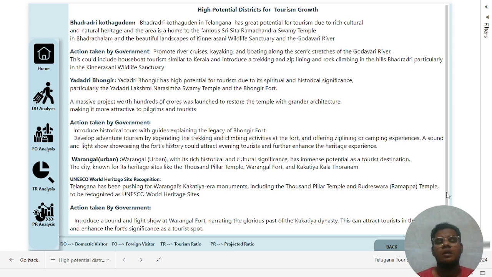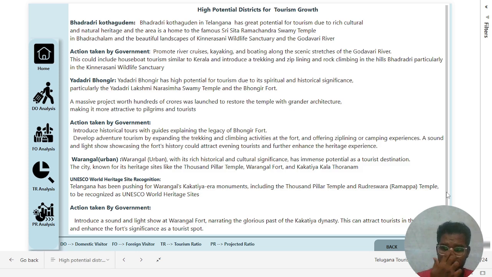Warangal, which has high historical and cultural significance, has immense potential as a tourist destination. The city is known for its heritage, like the Thousand Pillar Temple, Warangal Fort, and the Kakatiya Kala Thoranam. UNESCO World Heritage Site recognition: Telangana has pushed for the Warangal Kakatiya monuments, including the Thousand Pillar Temple and the Rudreshwara Ramappa Temple, to be recognized as UNESCO World Heritage Sites because they are very famous.